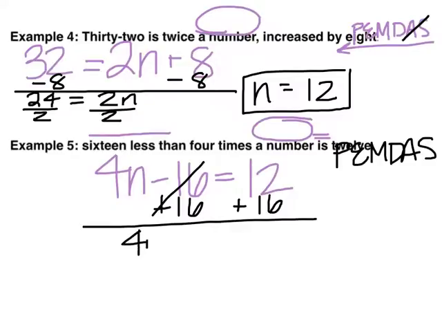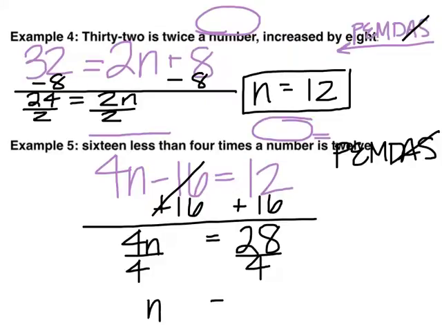We're left with 4n equals 28. We've done our addition or subtraction. Now we move on to multiplication or division. 4 times a number is multiplication. We undo by dividing. N equals 7. And we have our answer.